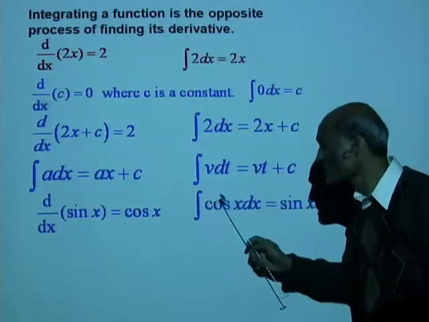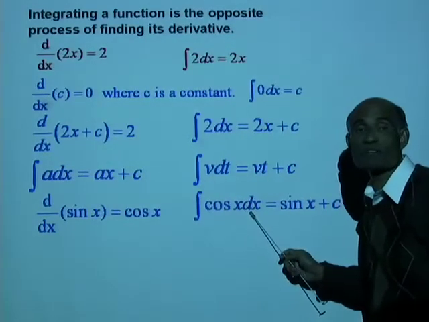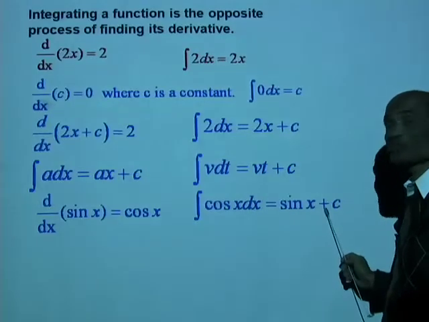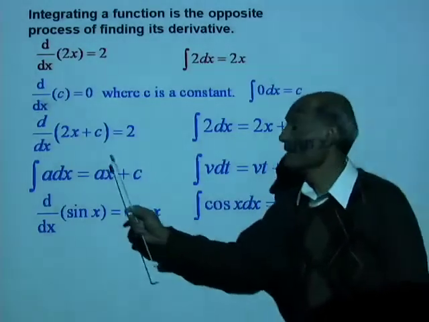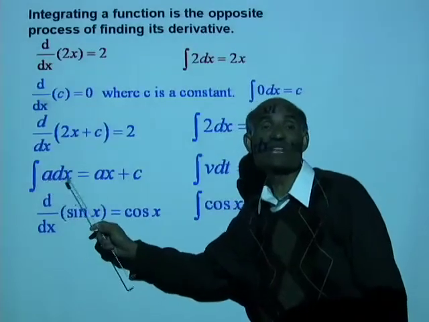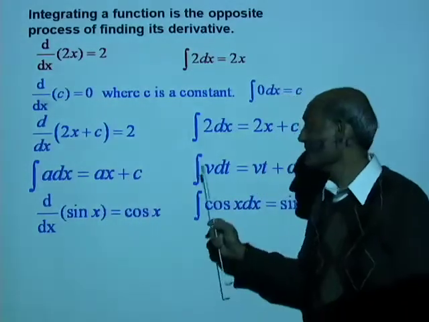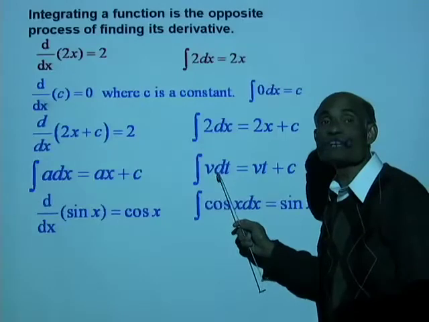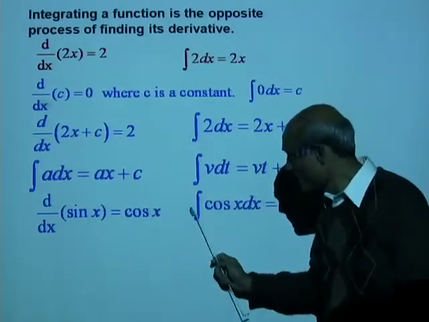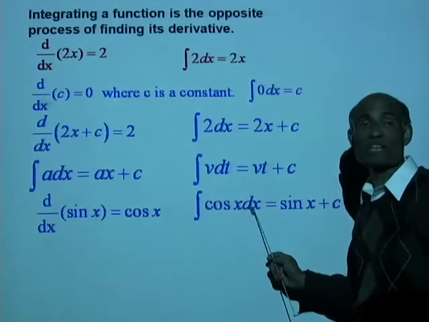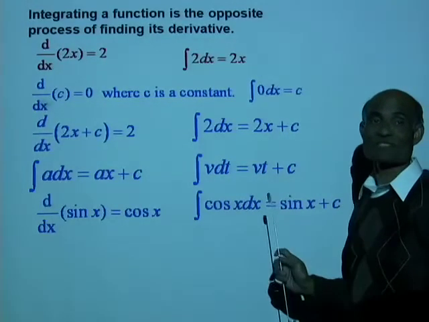So integrating cos x with respect to x will give you sine x plus c. These are results you need to remember. The integral of a dx is ax plus c. The integral of v dt is vt plus c. The integral of cos x dx is sine x plus c.